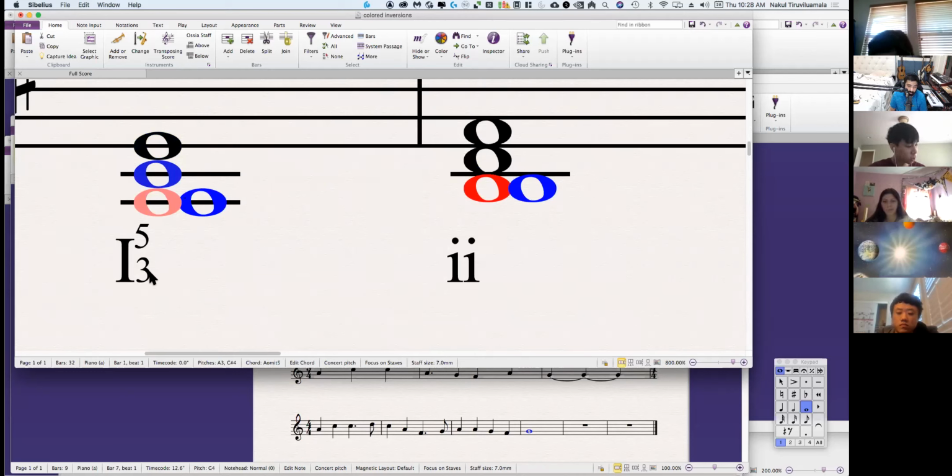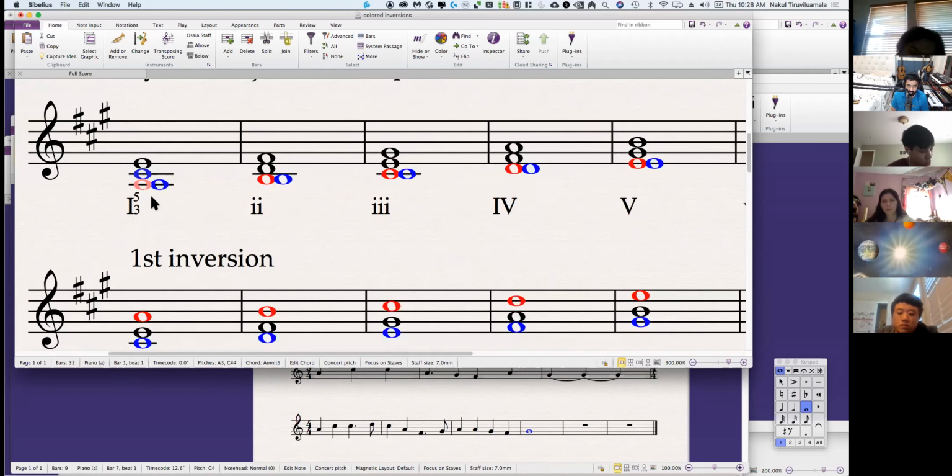And that's what this 3 refers to. So the outside interval is 5, and the inside interval is 3. When you see a figured bass thing with a 5 and a 3, we're referring to a root position voicing of the chord. I should say the root position inversion of the chord.